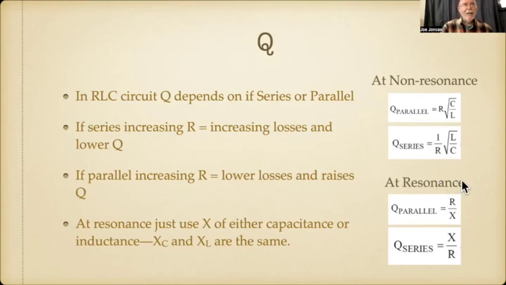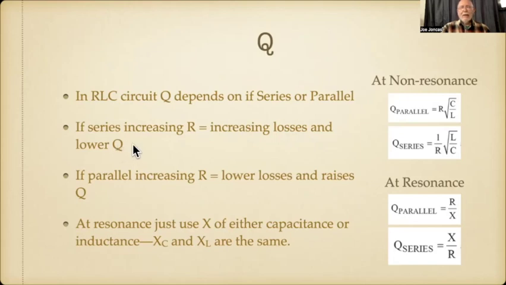If they are in resonance, then we use these formulas here. But start out with an RLC network, that's resistance, inductance, capacitance. Q depends on if it is in series or parallel. If it is in series, increasing R or increasing losses will lower the Q.